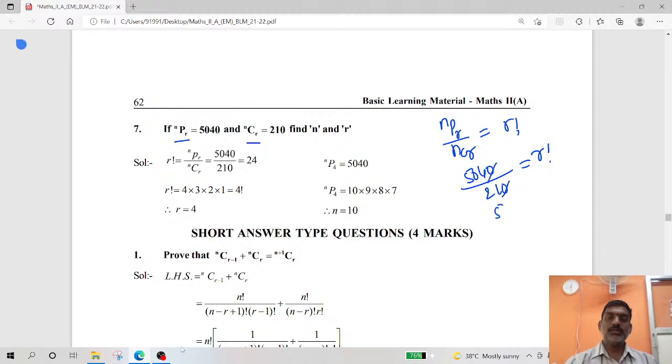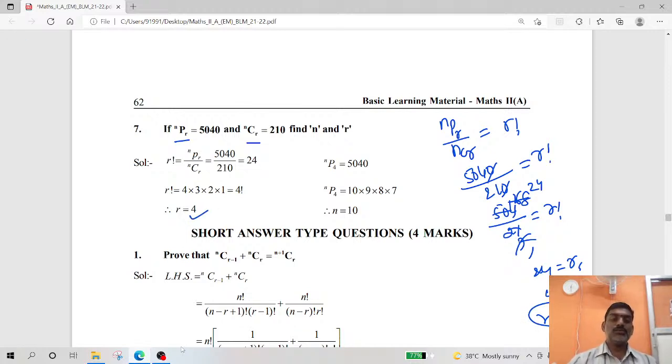The zero gets cancelled, so 504 divided by 21 is equal to r factorial, which is 24. So 4 factorial is equal to r factorial, and r equals 4.